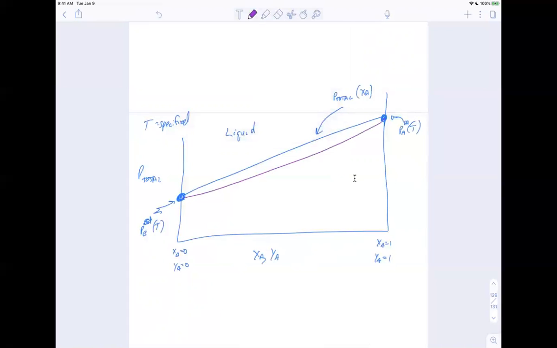It's not linear. It's hard to draw these things. Okay, that's good. So it's non-linear. Right, so this is P total as a function of YA, which is what we just derived.